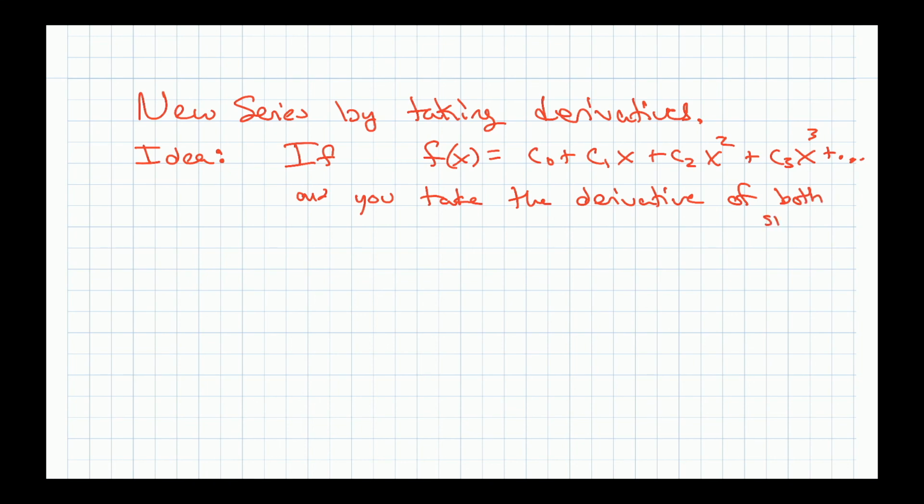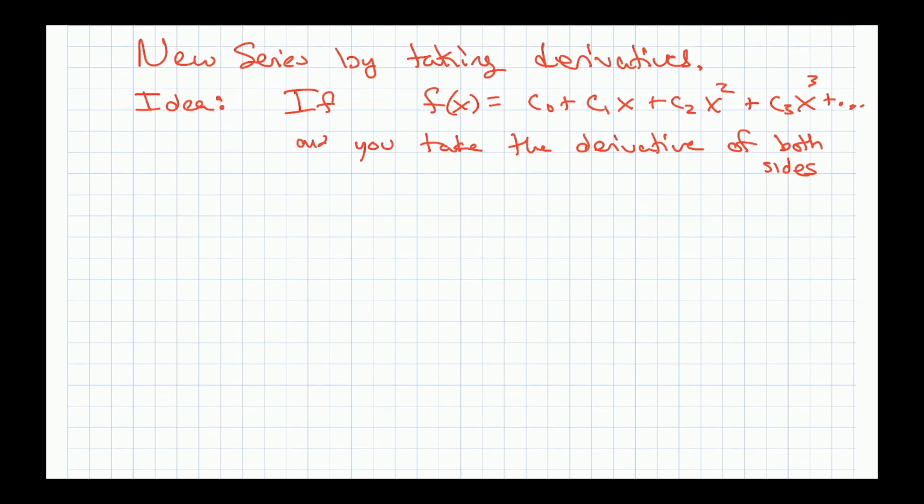You're going to get d dx f of x equals d dx, all of this nonsense over here. It takes so long to write these. That's kind of like the worst part of this section, is how long it takes to write anything. So you take the derivative of both sides.